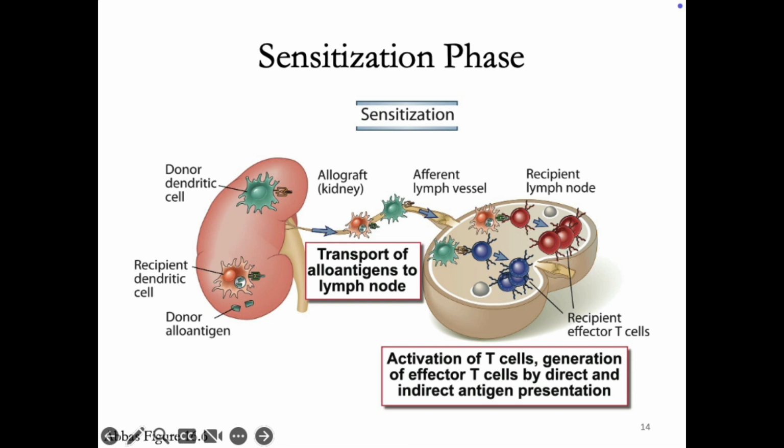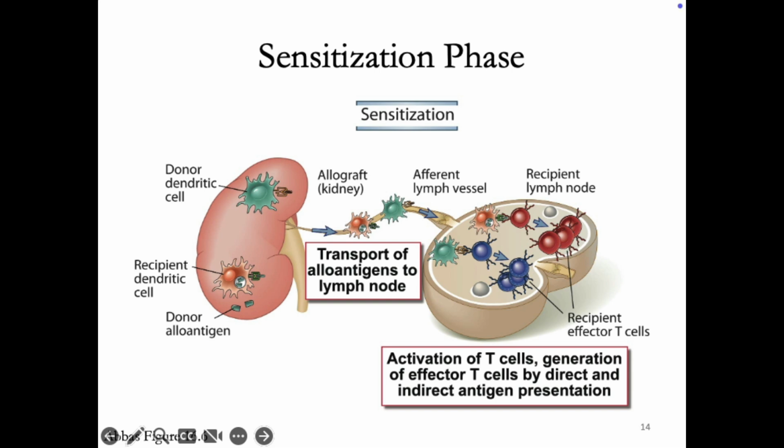And so again, you can see we've got cells that are in the kidney. Those cells that are in the kidney are going to head to a lymph node and are going to activate some T cells. And so that's sort of that first sensitization phase.